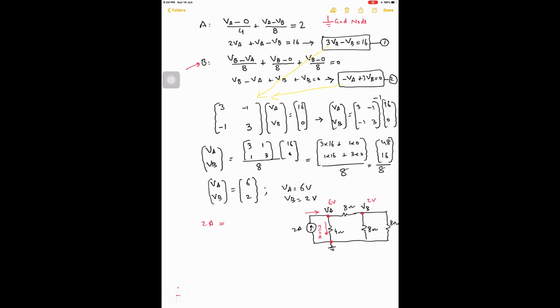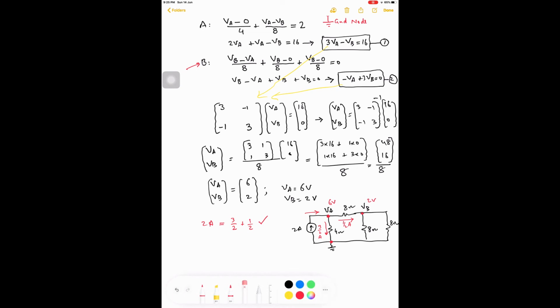This is shown at the right hand side. What is this other current? It is VA minus VB, 6 minus 2 is 4, and 4 divided by 8 is 1 by 2 ampere. Now Kirchhoff's current law is satisfied at node A, because the current coming towards the node is 2 ampere, and the sum of the two currents leaving this node is also 2 ampere.